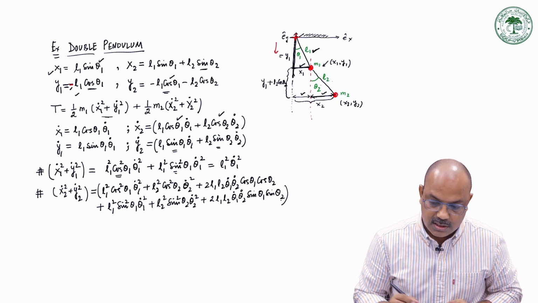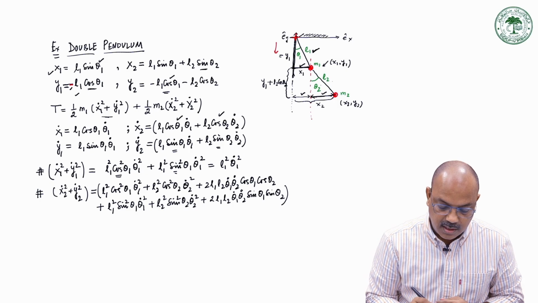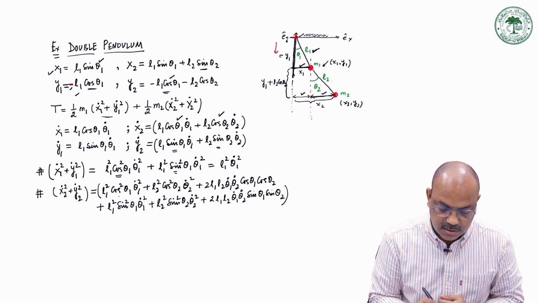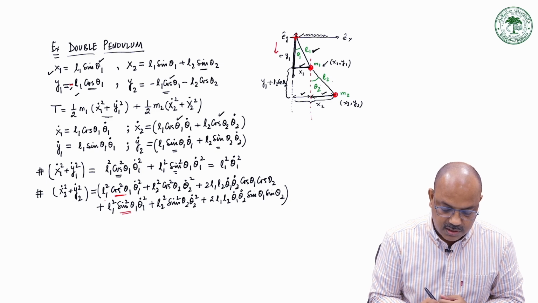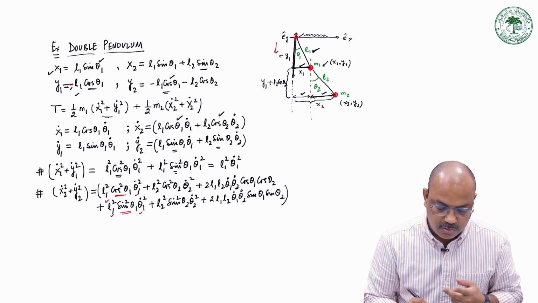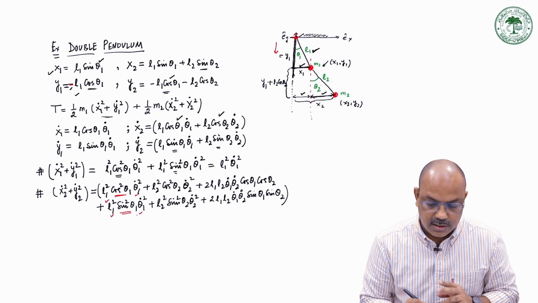Now you can see here that this one is cos square theta 1 plus sine square theta 1 with the same coefficient L1. This is going to give you L1 square theta 1 dot square.